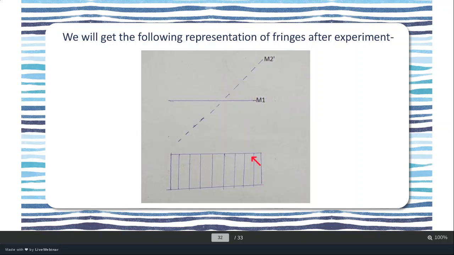They are linear; what we will observe is that they will be straight lines. There will be no curves around them like we saw in the circular and hyperbolic fringes. Because of this unique characteristic, we say that these are linear fringes.